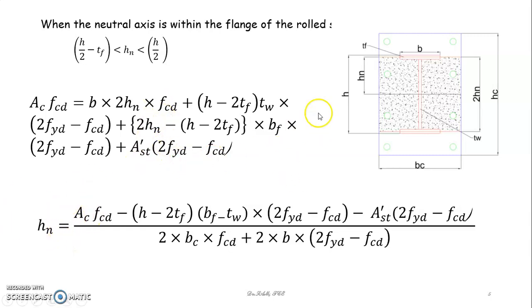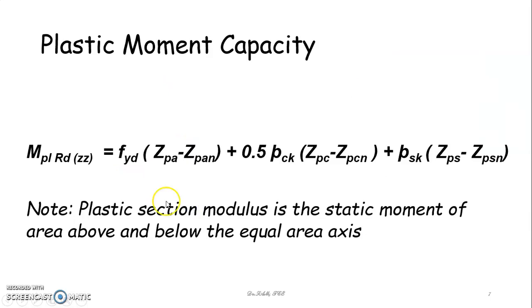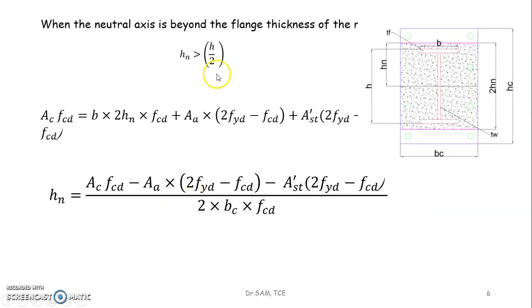So it depends upon the location of the neutral axis, you have to calculate HN. In the third case, your HN is beyond your flange. So this is the case. That is, here it is beyond the height of the reinforcing steel. That is why I have given HN is greater than H by 2. In this case also, I have taken the gross area of the 2H region.